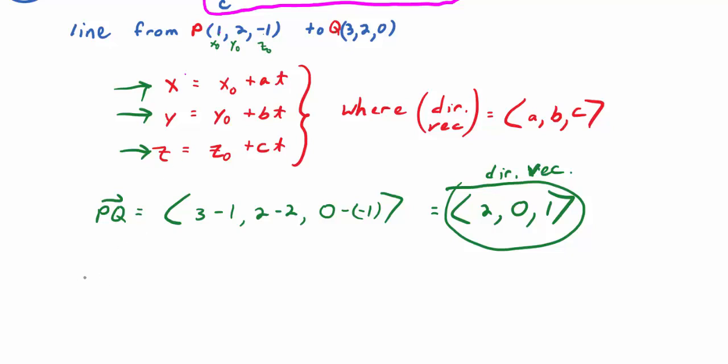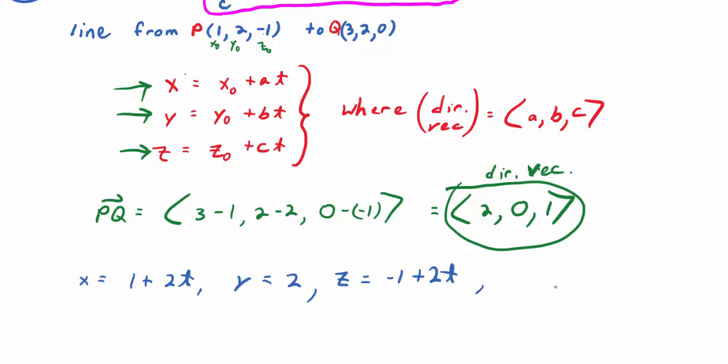What does x equal? x equals 1 plus 2t, right? And y equals 2 plus 0t, so just 2. And z equals -1 plus 2t. Does everybody buy that?